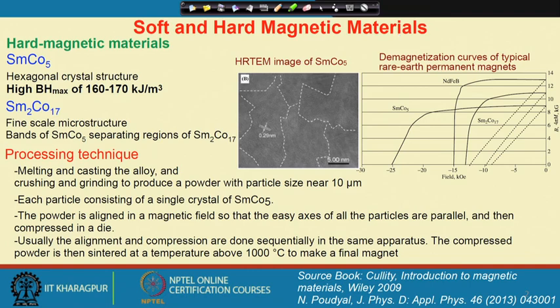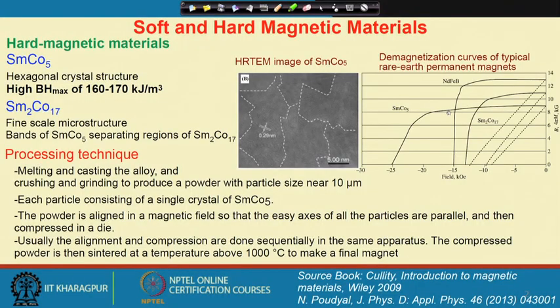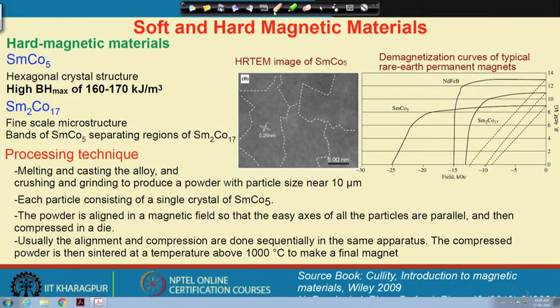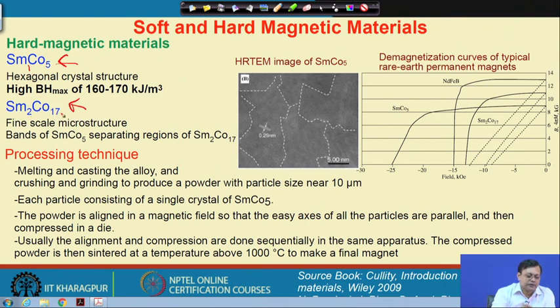Like neodymium iron boron, the second class of high energy hard magnetic material is basically samarium cobalt, and here several compositions have been discovered, like 1:5 ratio and 2:17 ratio.